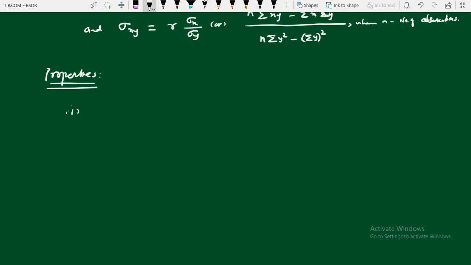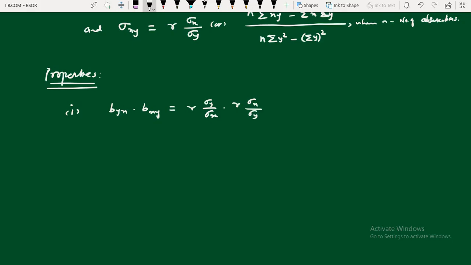First property: dyx into dxy. Here dyx is r into sigma y by sigma x, and dxy is r into sigma x by sigma y.